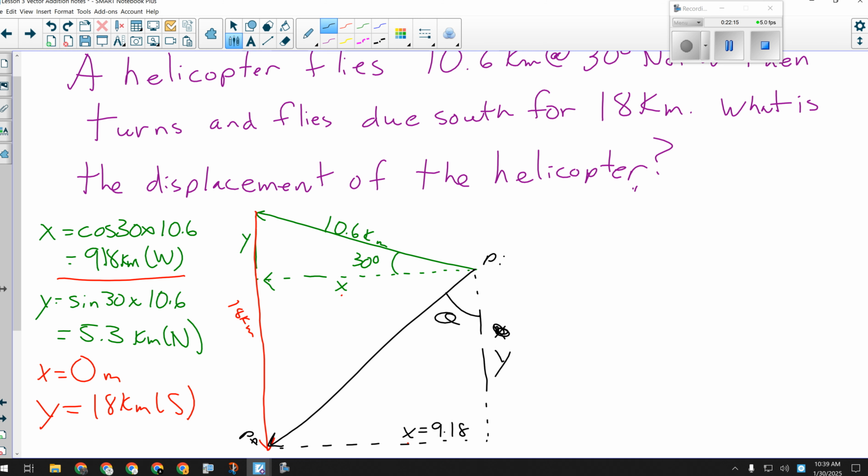And then I always show that that's west. I draw an arrow for that. And then for y, I know that it's south. But for this one, I've got to put these two together. One is north, one is south. So I have to subtract these, or add them together and make south negative, whichever. So that's going to be 12.7, I believe, right?